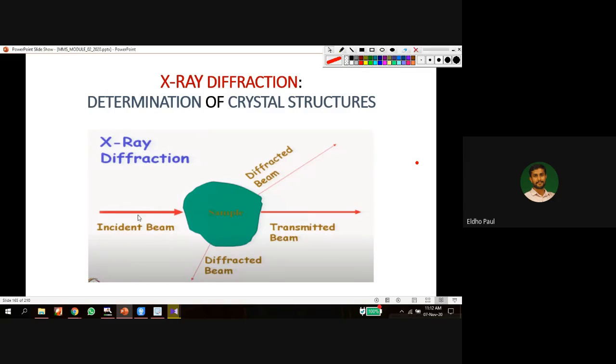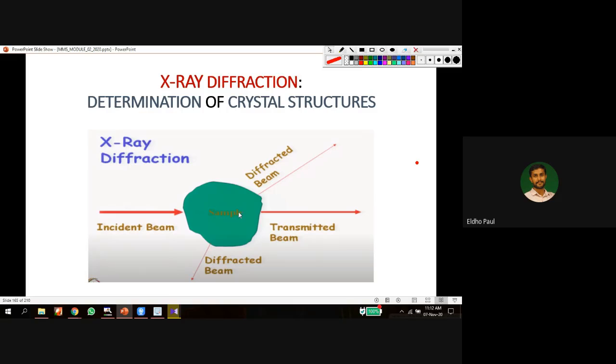Some amount of the incident beam is scattered by the particles inside the sample, and that scattered beam is the diffracted beam.